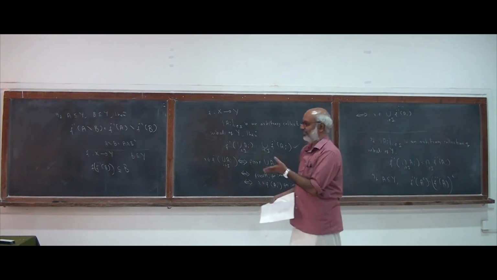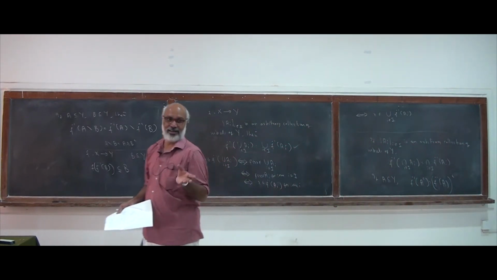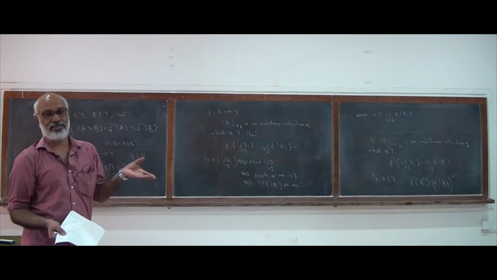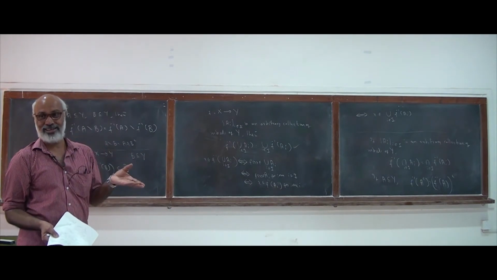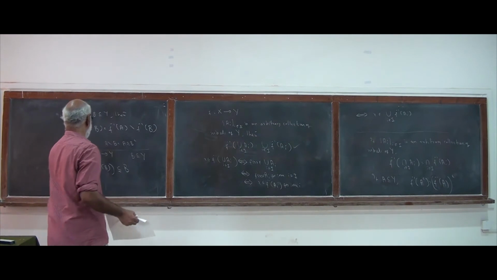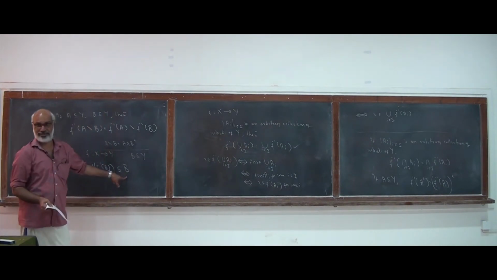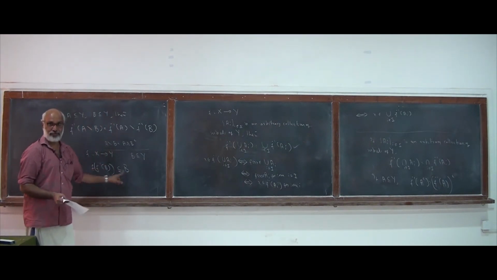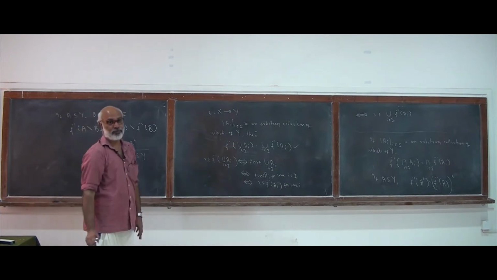Then you can easily find examples of subsets B of Y for which these two sets are not equal. Of course, this is a subset of this, but these two sets need not be one and the same.